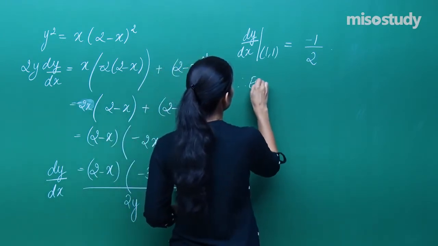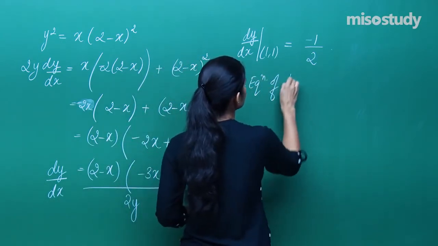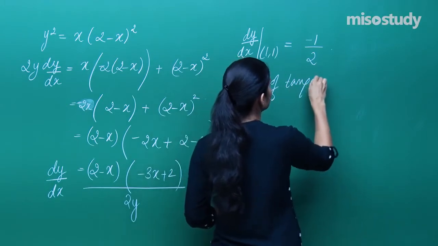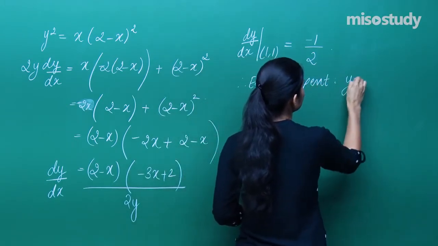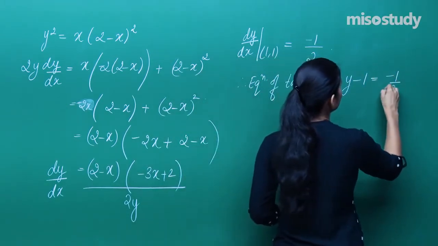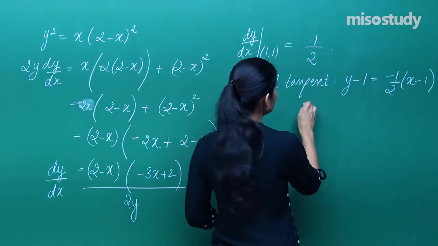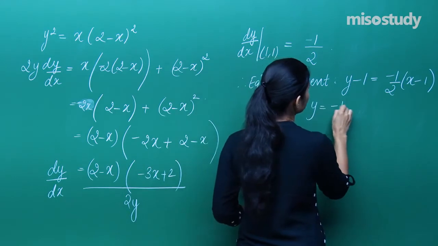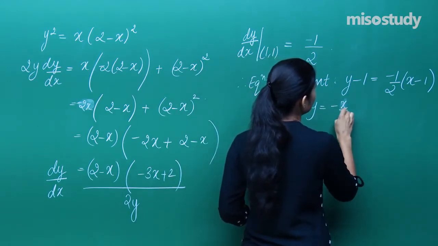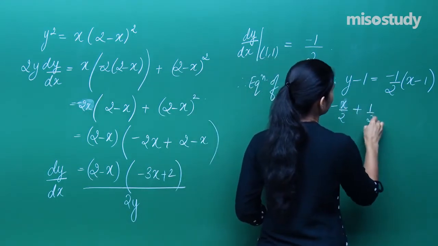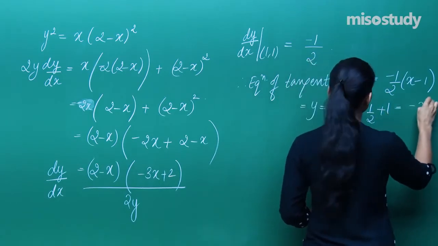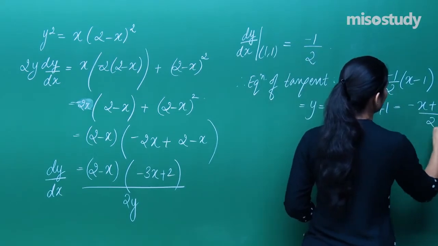Therefore, the equation of tangent at 1 comma 1 will be what? Y minus y1 equals m into x minus x1. So this gives you y is minus x by 2 plus 1 by 2 plus 1, which is minus x plus 3 whole upon 2.